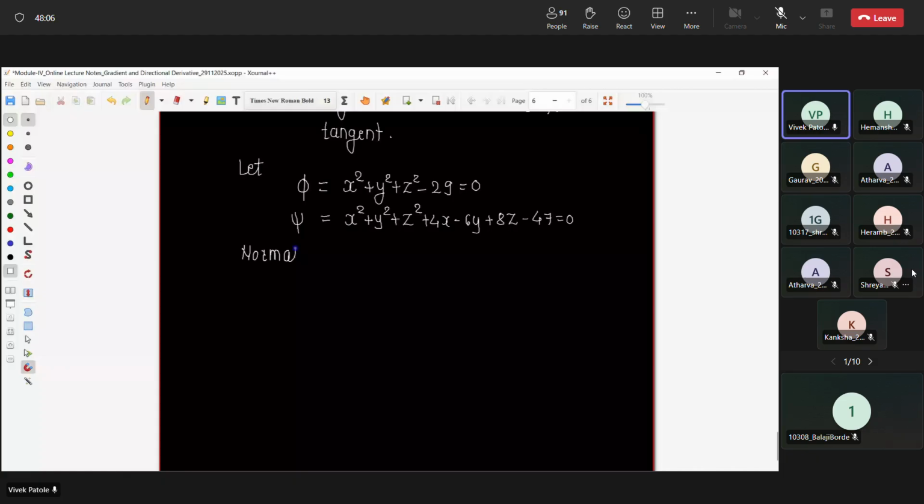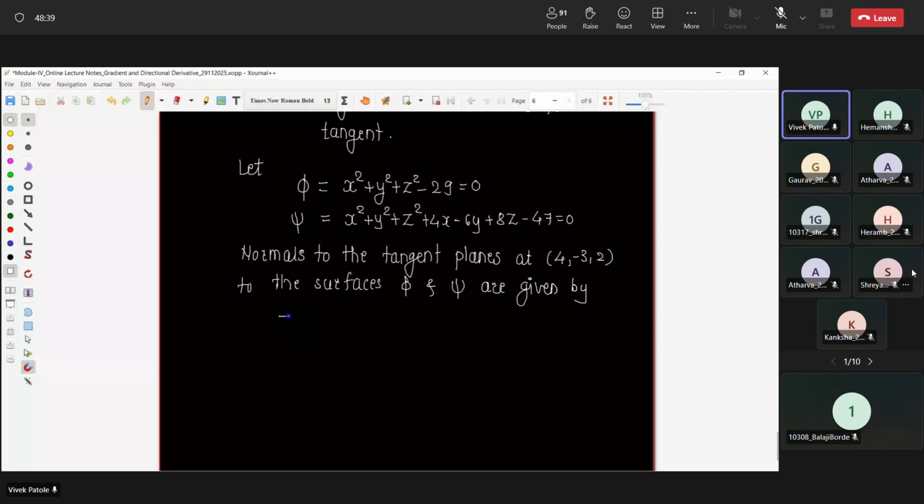So normals to the tangent planes at the point (4, -3, 2) to the surfaces phi and psi are given by del phi.